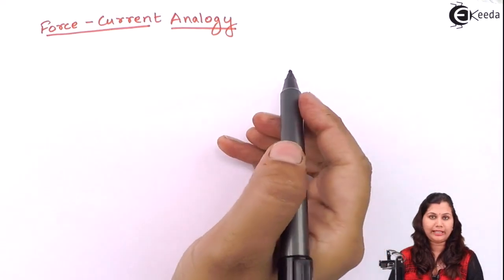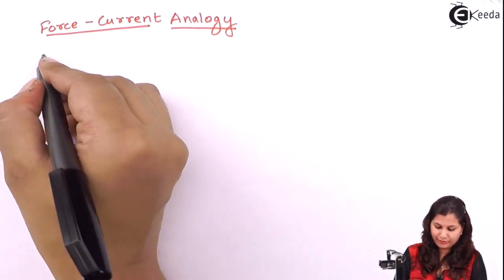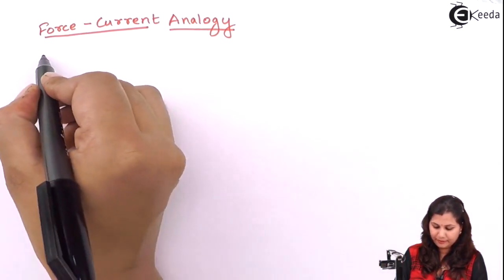Now let us study the second analogy to find the analogous system, the force current analogy. Again, we will have the electrical system and the translational and rotational mechanical systems.